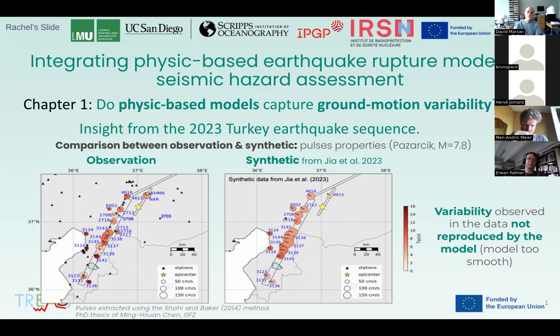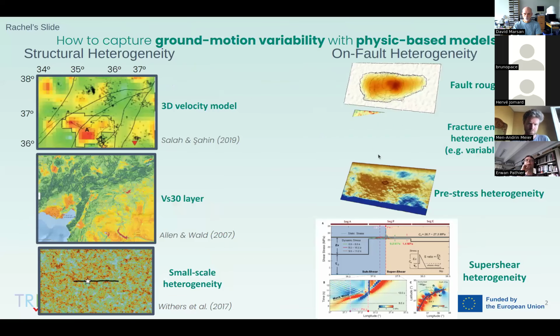And what this group showed, from one of the papers, was a smooth model of the Turkey event that was published shortly after the earthquake. In this smoother model, we can see that the variability actually observed isn't really being reproduced. So my goal is to see what I can add to this smooth model to capture this variability.